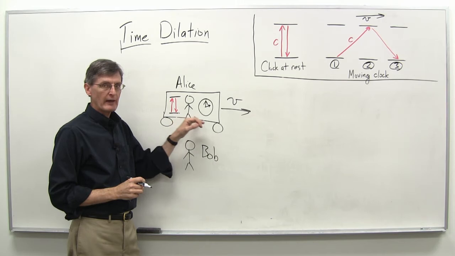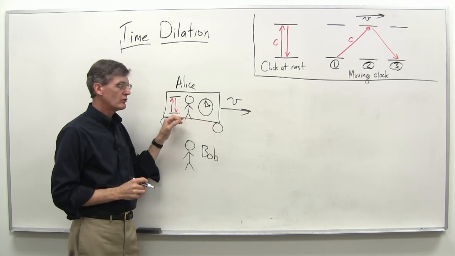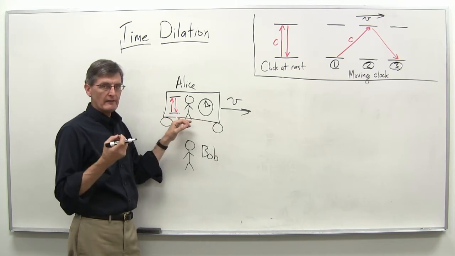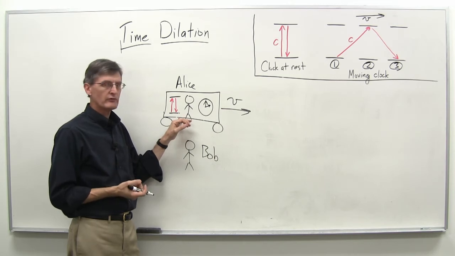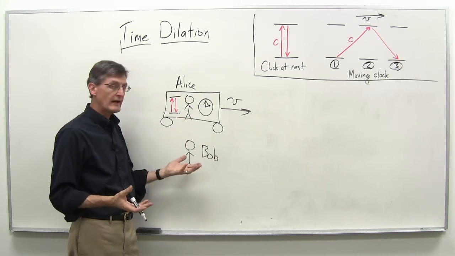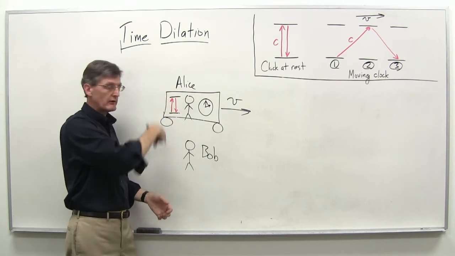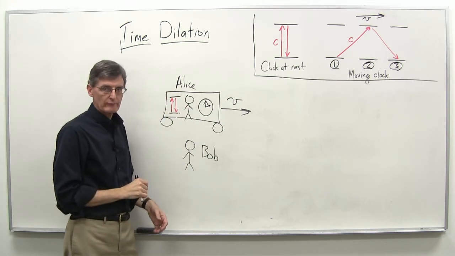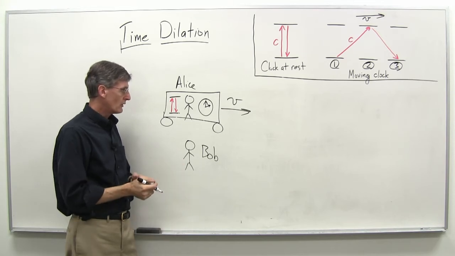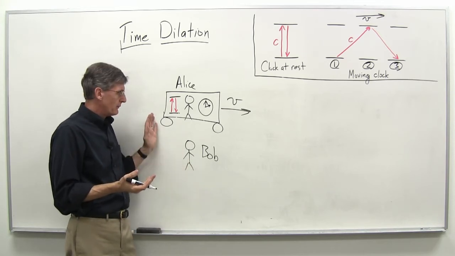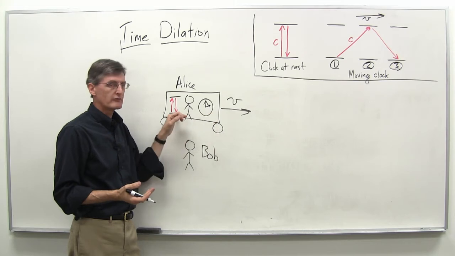If she ends up having photographs where these two clocks are running differently, that's evidence that she is moving with some velocity. Because if she's at rest with respect to Bob here, Bob just sees the light clock running normally. That clock's running normally as well, and therefore no difference. But put her in motion, then Bob sees the discrepancy there.